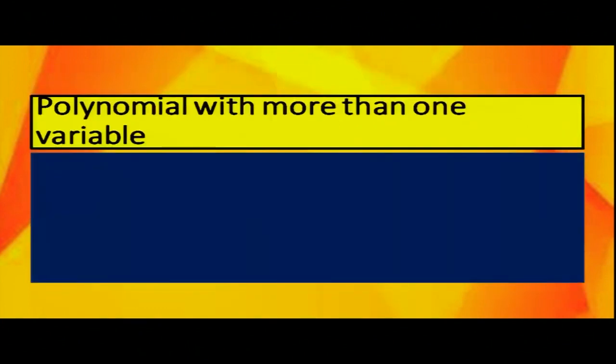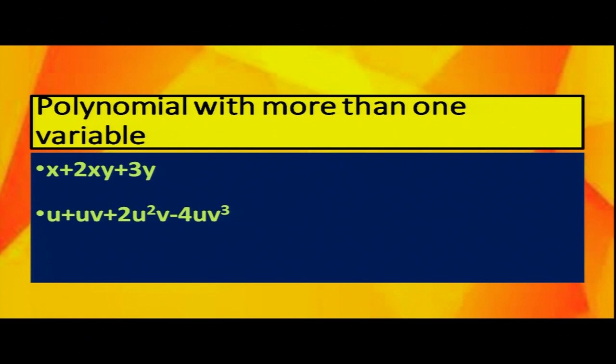Now polynomials with more than one variable, for example x plus 2xy plus 3y. Here we have used two variables x and y, so to denote it we can write p(x,y).